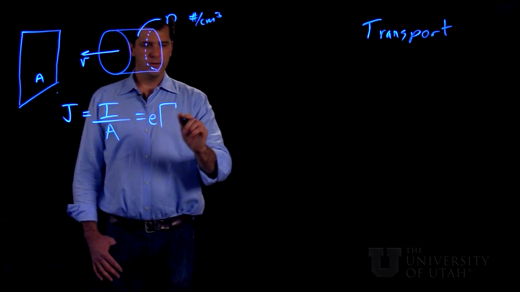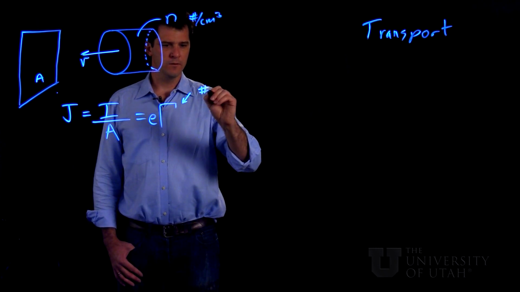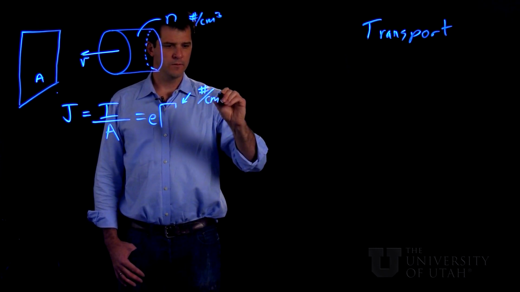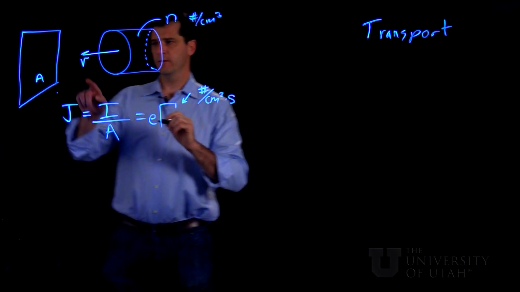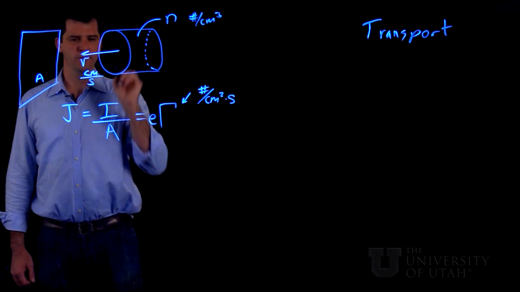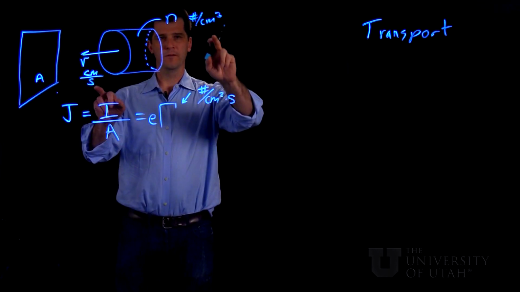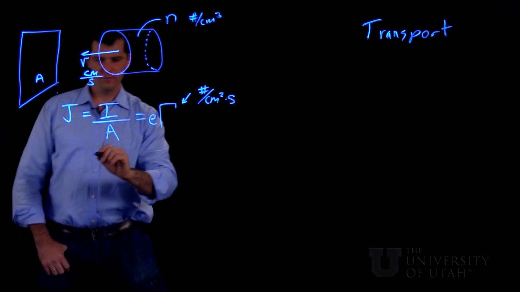So the particle flux has to have units of number per centimeter squared per second. And if we look over here, the velocity has units centimeters per second. So if we multiply these two things together, we get our particle flux.